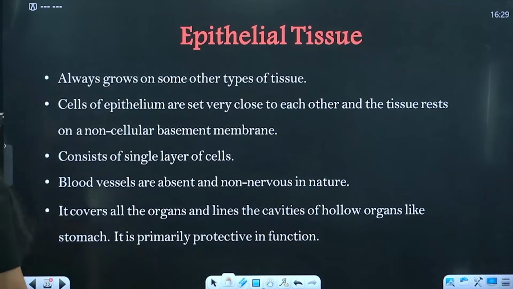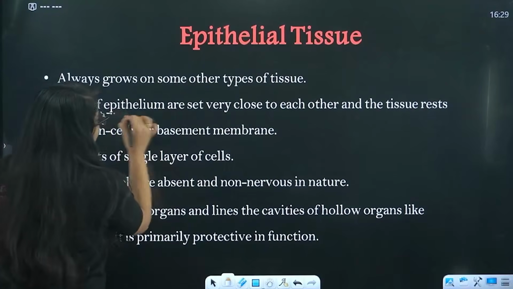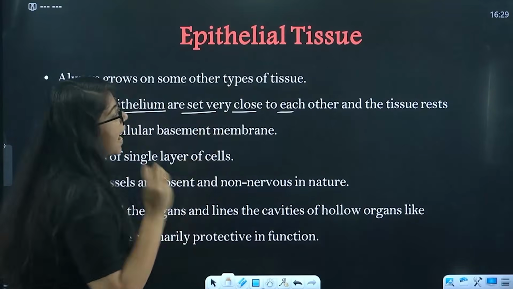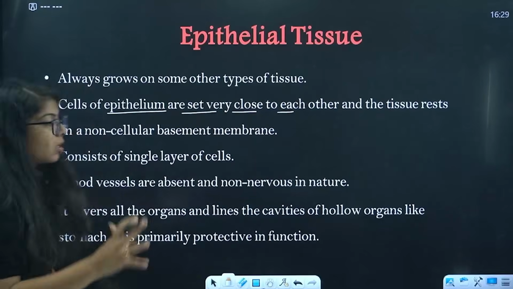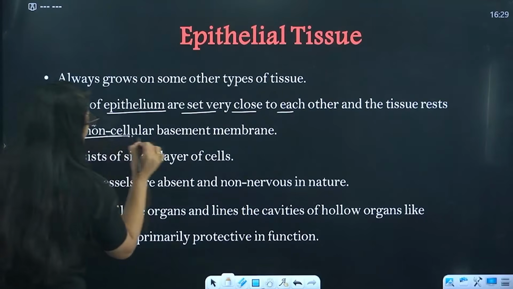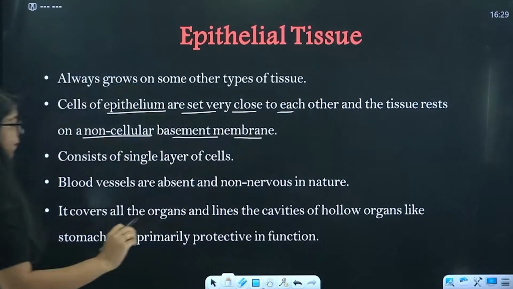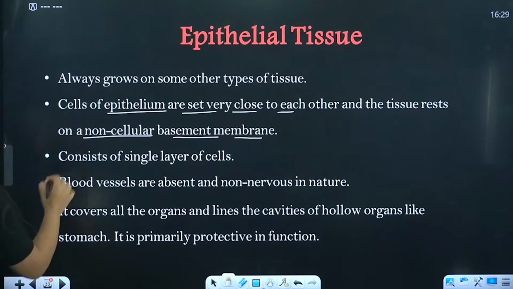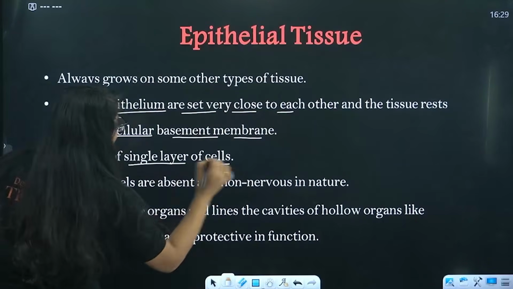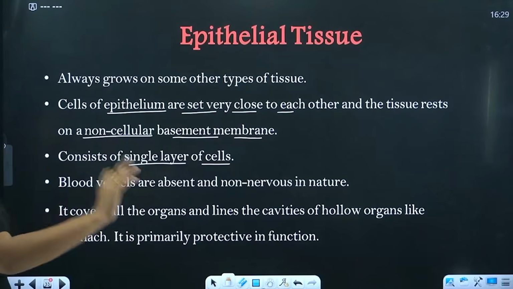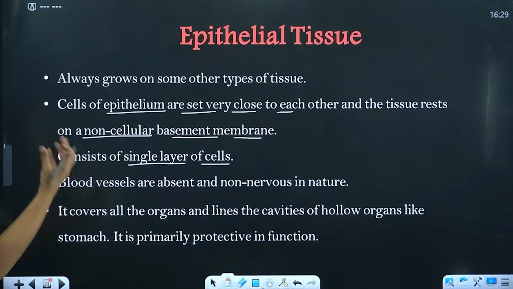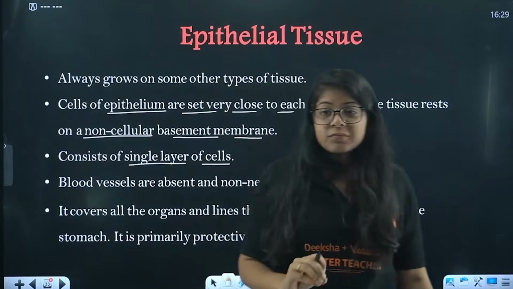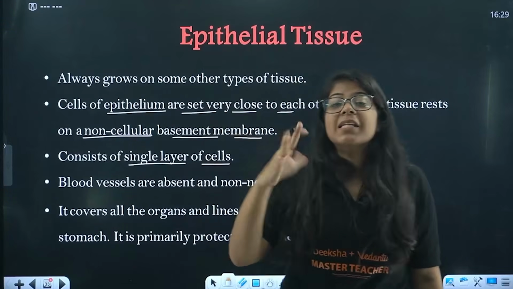The cells of this epithelium are set very close to each other, and the tissue rests on a non-cellular basement membrane. It rests on a membrane. Just remember that. Now beta, it consists of a single layer of cells. Blood vessels are absent, and it is non-nervous in nature.